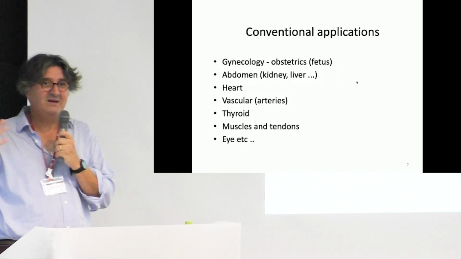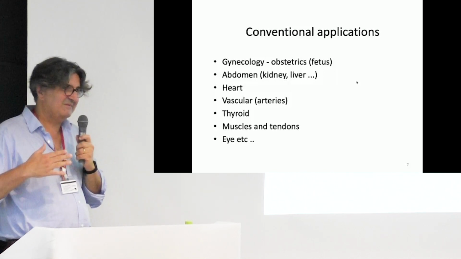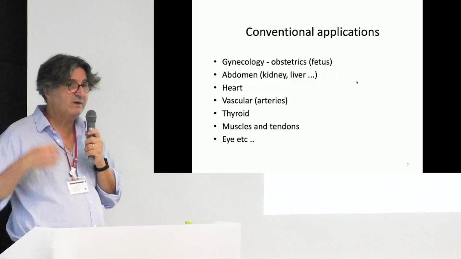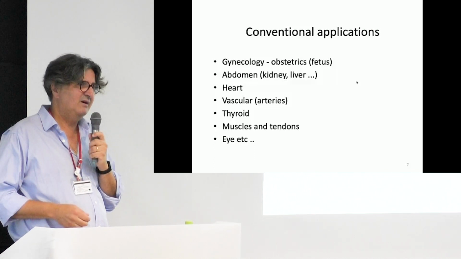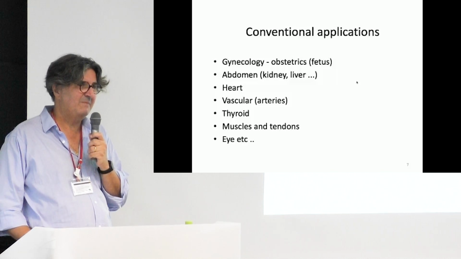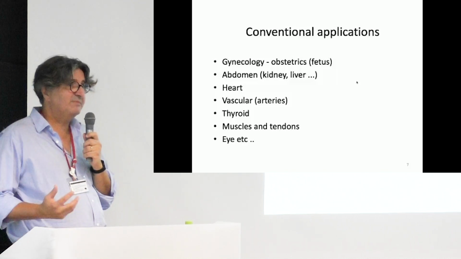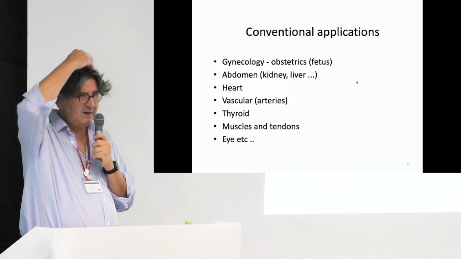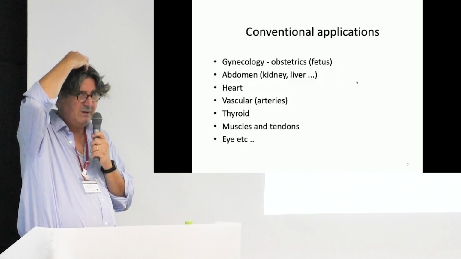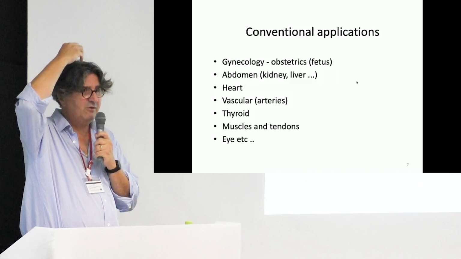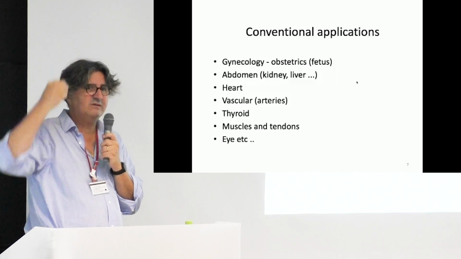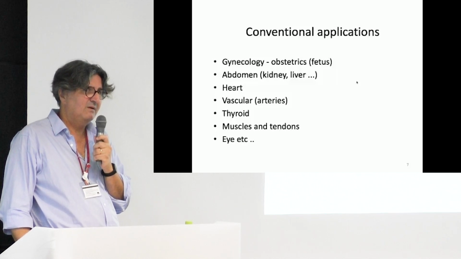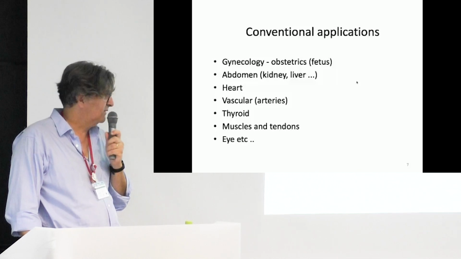Again, transmission and reflection of waves is very important to understand why we cannot image through the skull. There is one exception. This is for the young baby, where you have the fontanelle, which is not completely closed. And in this case, for the young baby, you can produce echography images of the brain.